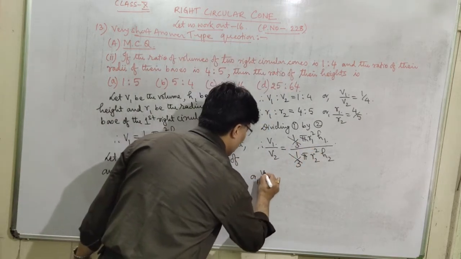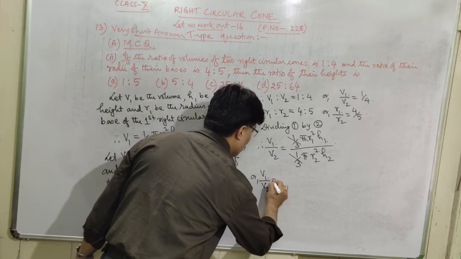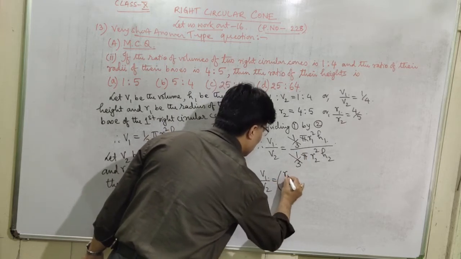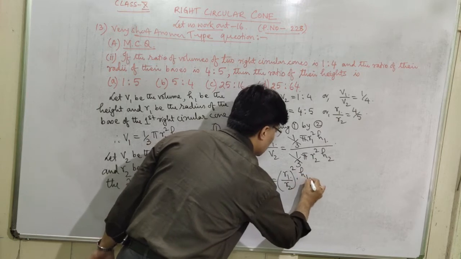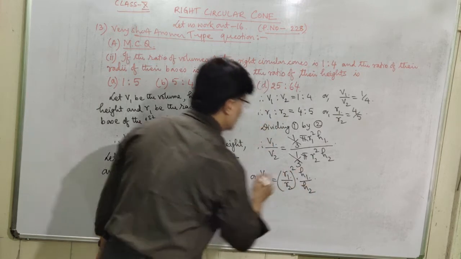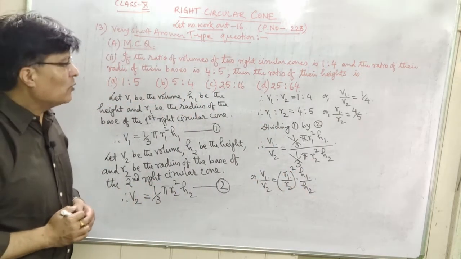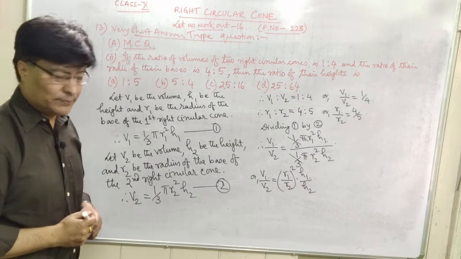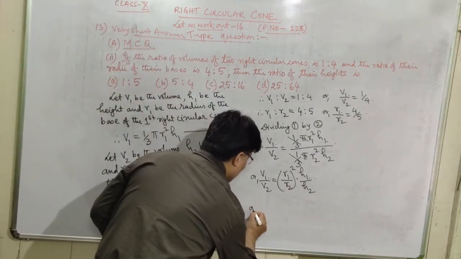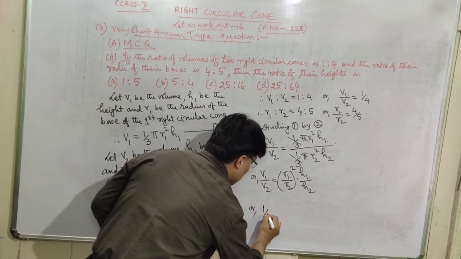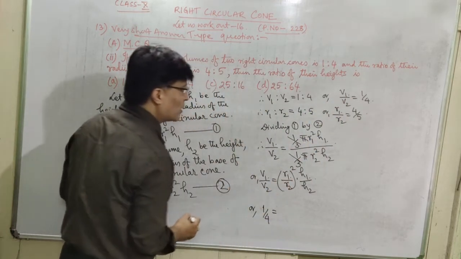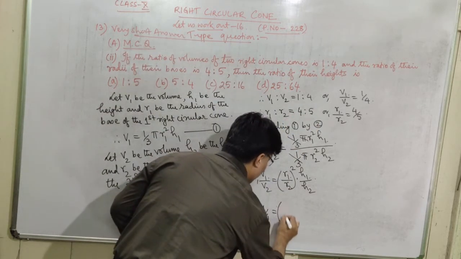Now it is V1 upon V2 is equal to R1 upon R2 whole square into H1 upon H2. So now let us put the values here. What is V1 upon V2? It is 1/4, right? What is R1 upon R2? It is 4/5.